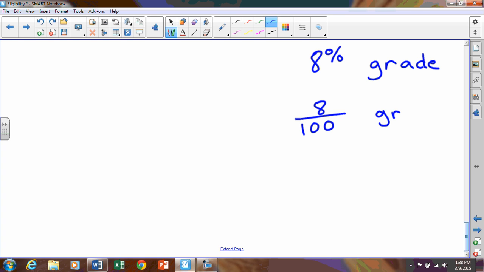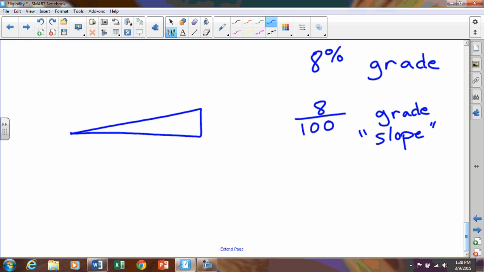And so if we've got an 8 over 100 grade, it's really helpful just to remember that grade is just another word for slope. So if you have a slope of 8 over 100, that lets us create the drawing, rise over run, 8 over 100, and we were asked to get this angle theta. Well, how do you get angles?